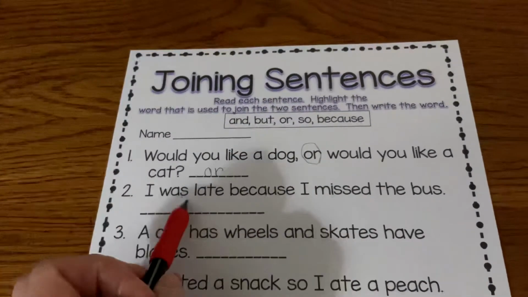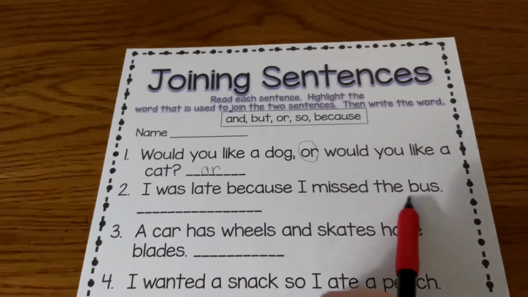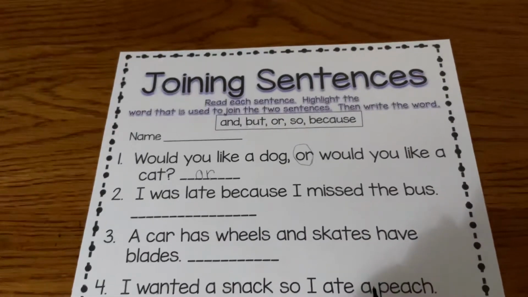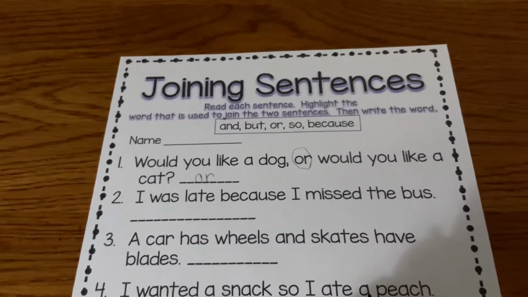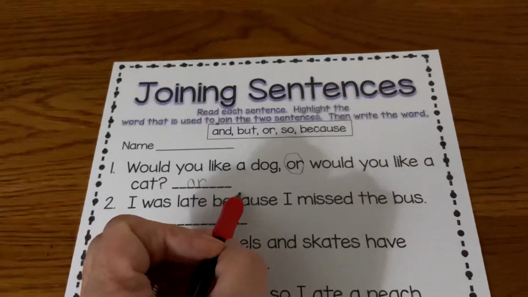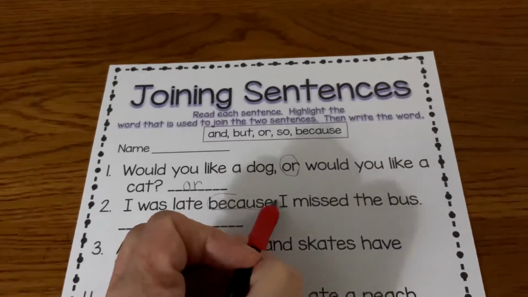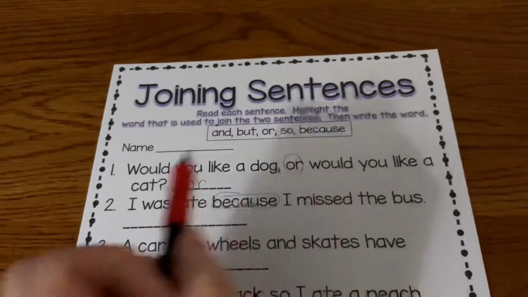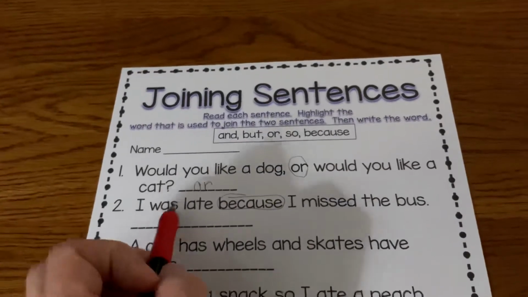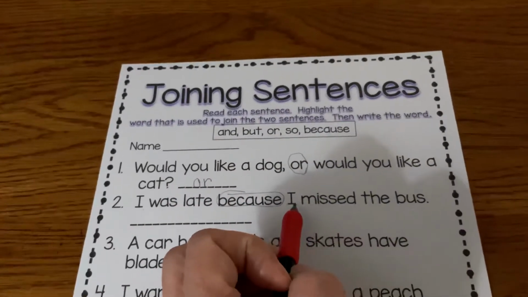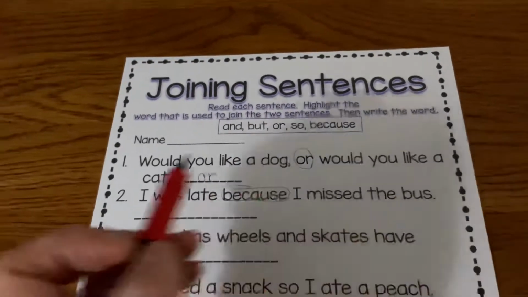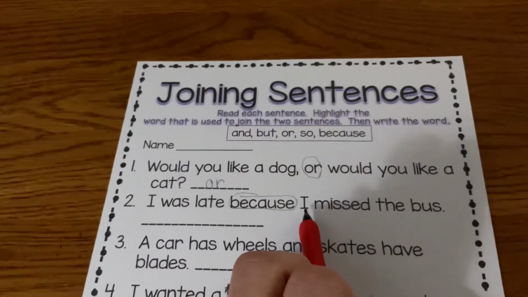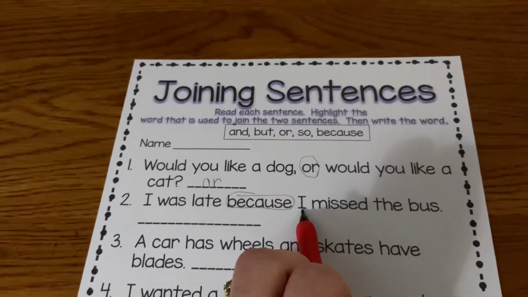Okay. I was late because I missed the bus. What word did we use to join the two sentences? Well, we used the word because. It's a word that we had up here. The sentences were, I was late, and the other sentence was, I missed the bus. Here we do have a capital I because that word is always a capital.